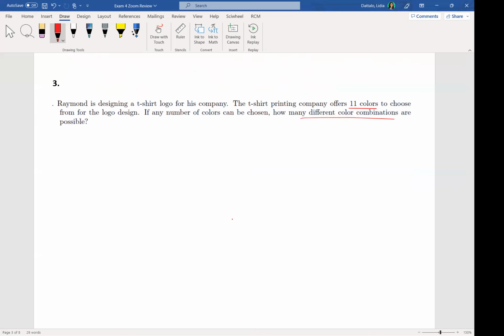Well, we can either choose or not choose. So we have 2 options, right? So 2 is how many options we have. You can either choose or not choose. But there are 11 colors.